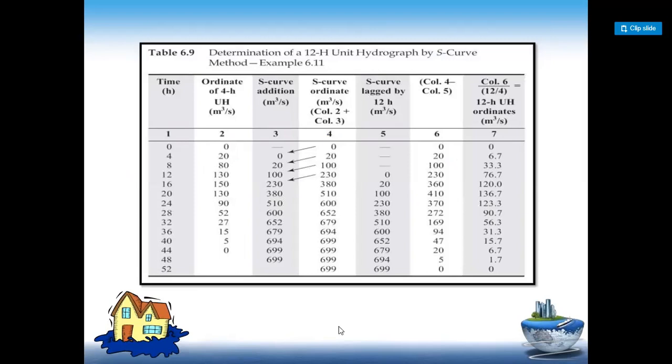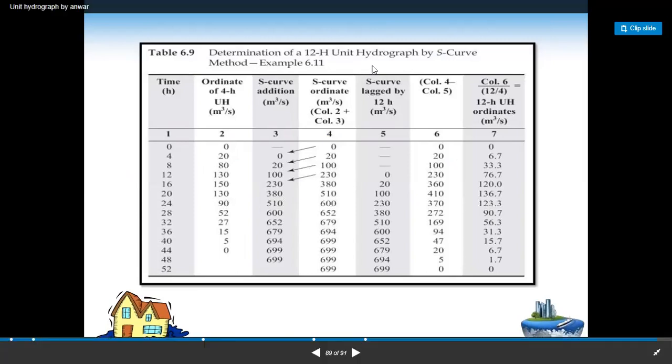Here, guys, determination of the 12-hour unit hydrograph by the S-curve method. Example: time 0 to 52. Ordinate of the 4-hour unit hydrograph in meters cubed per second: 0, 20, 80, 130, 150, 130, 90, 52, 27, 15, 5, 0.